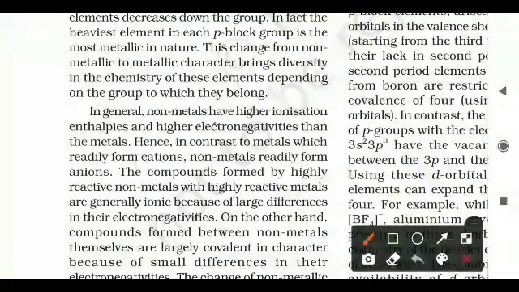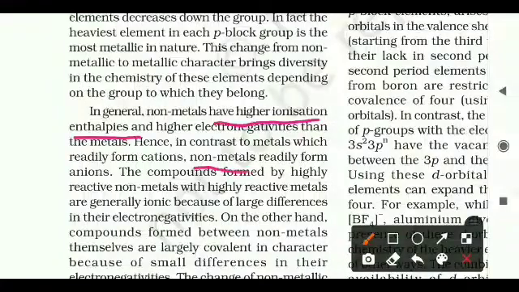non-metals have very high ionization enthalpies as well as high electronegativities. So due to high ionization enthalpies and high electronegativities, as compared to metals, non-metals can act as anions and metals can act as cations.